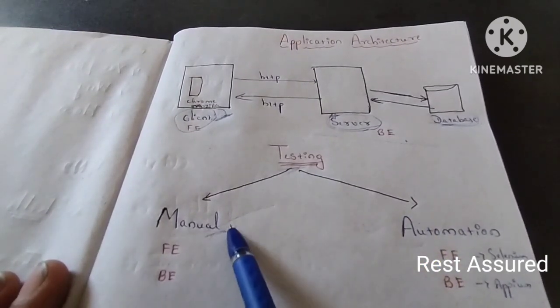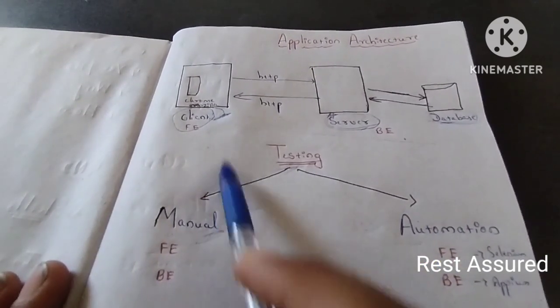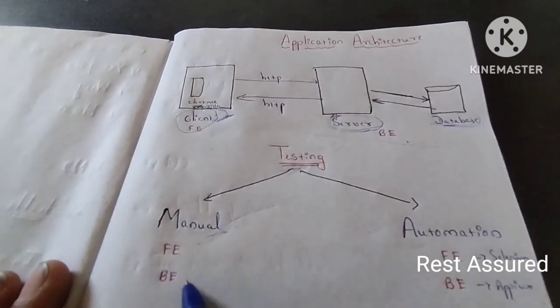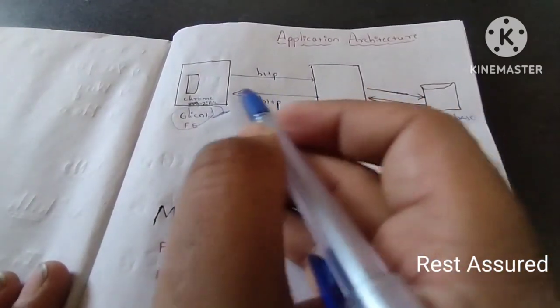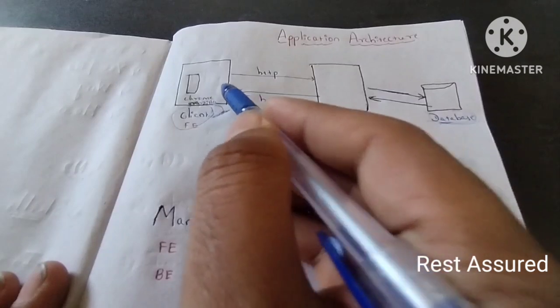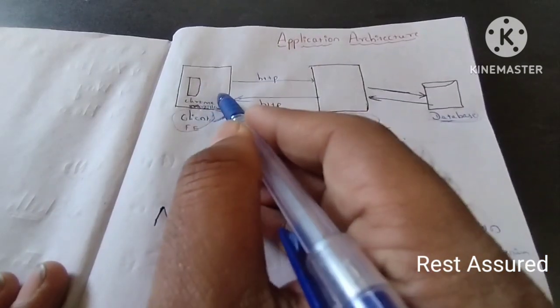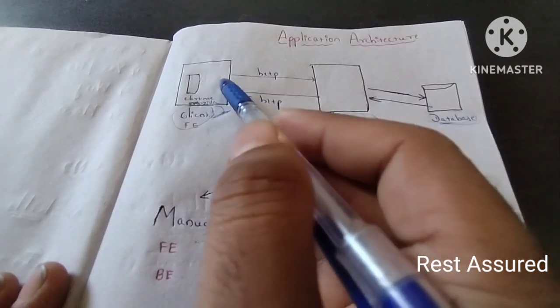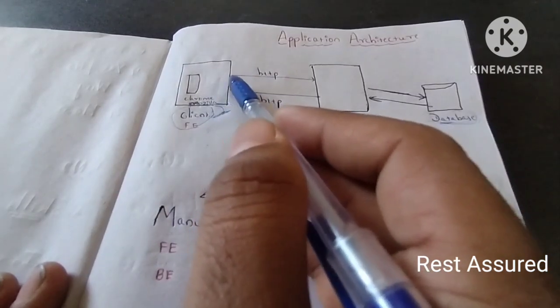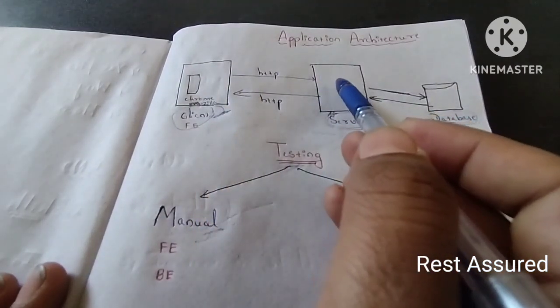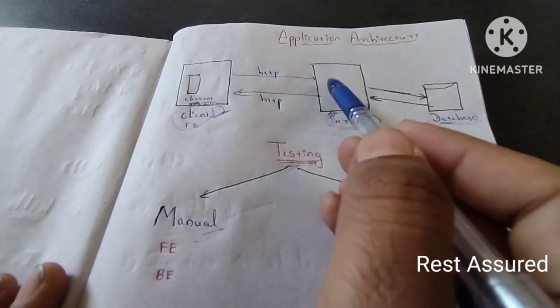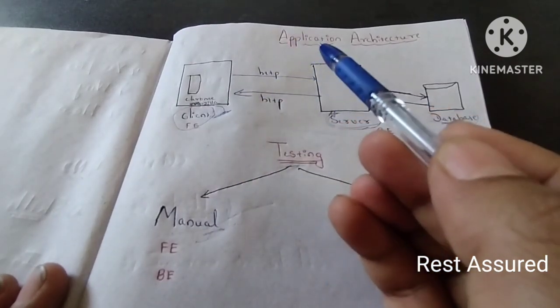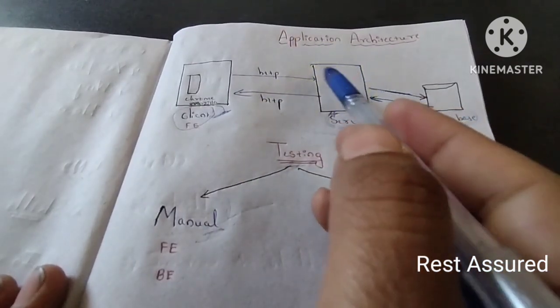So in manual, we will test the front end part and the back end part. Back end part means whenever you click on any button or any URL, whatever pages you see come from the server. What pages it should render should come from the back end.